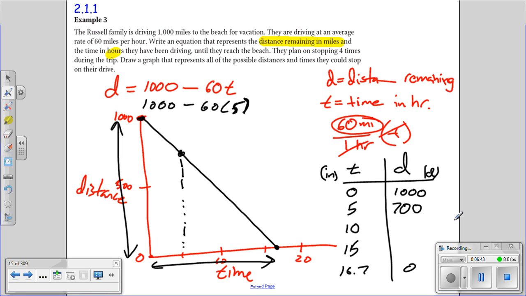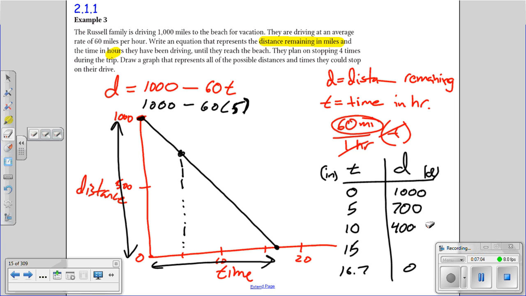And then we do the same for the other values. Just plug in 10 for t. So we're evaluating that. And we have 400 miles left, so that's pretty good. Not 4,000, how about 400? Let me erase that. And now we're down to 15.